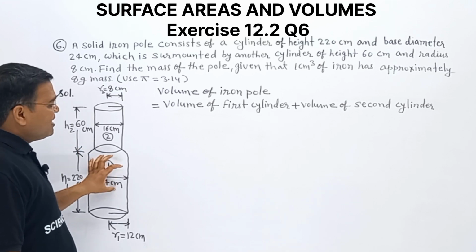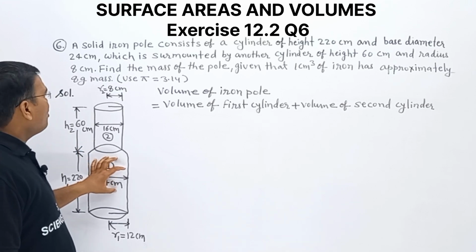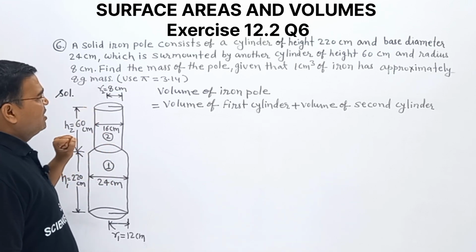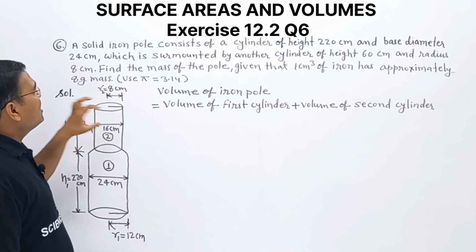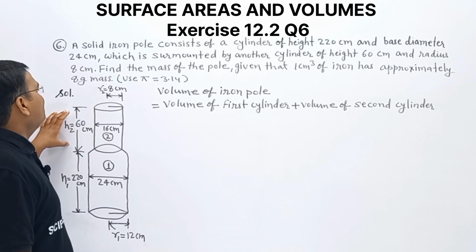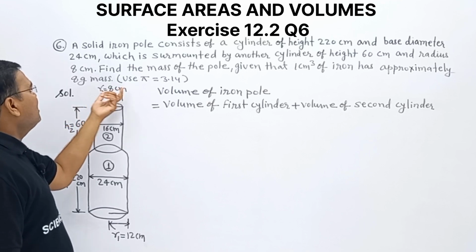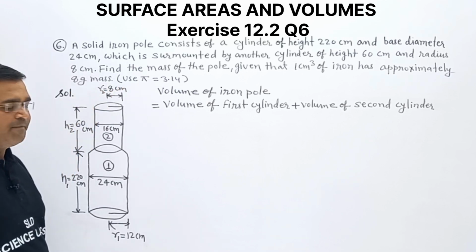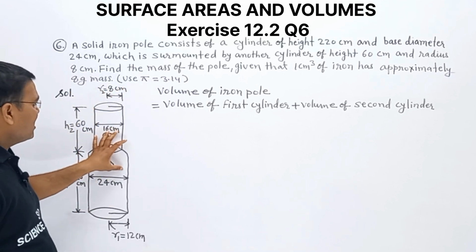This solid iron pole is surmounted by another cylinder having height 60 centimeter and radius 8 centimeter. Clear? Then we are getting a shape like this.